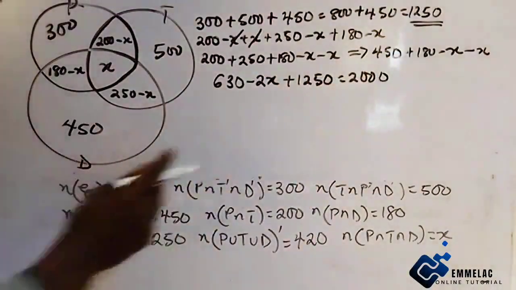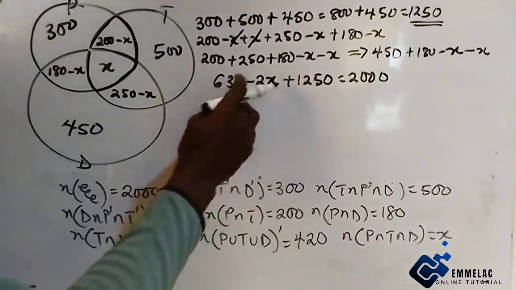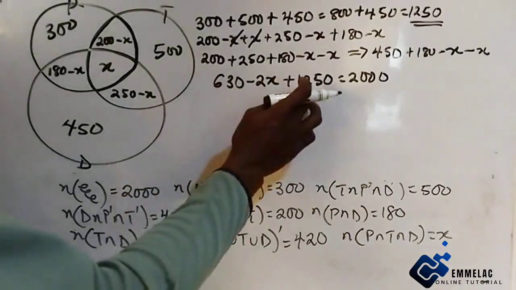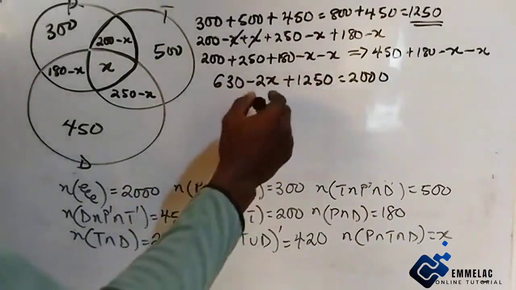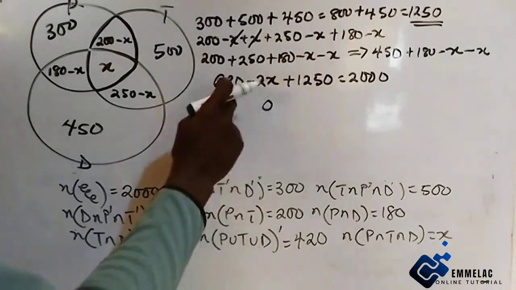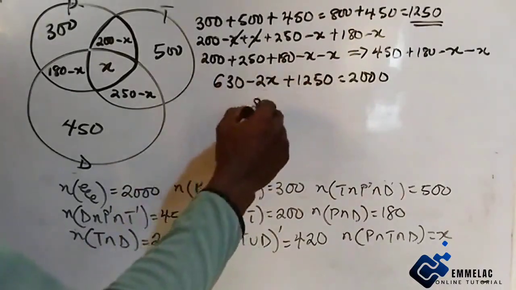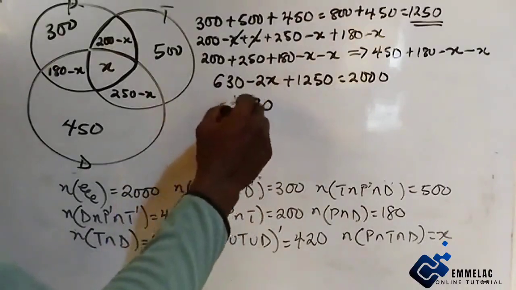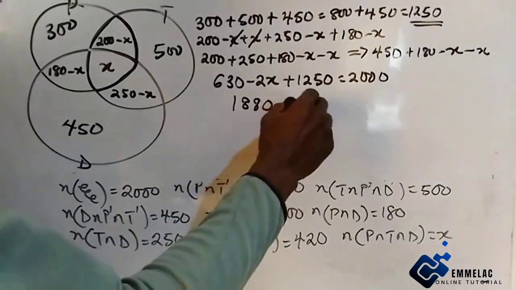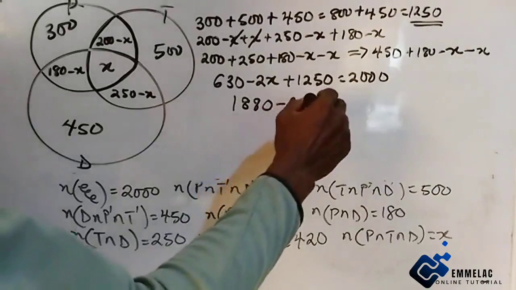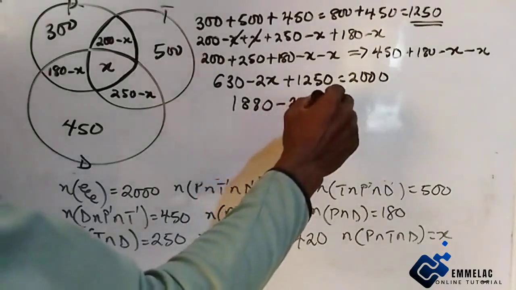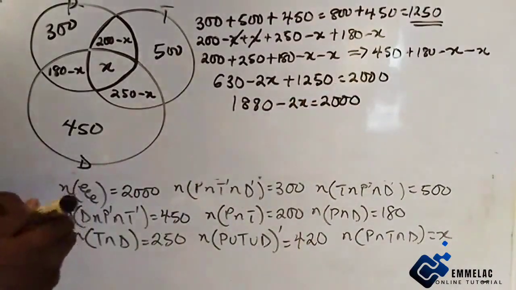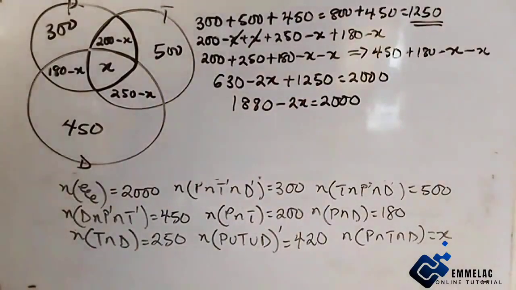Let us add 630 plus 1250, which gives us 1880. Then minus 2X, equals 2000.